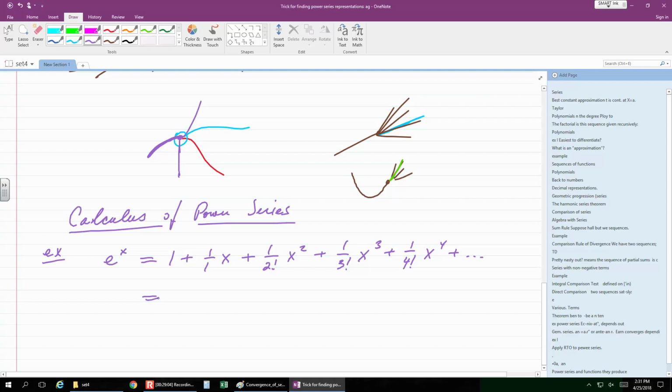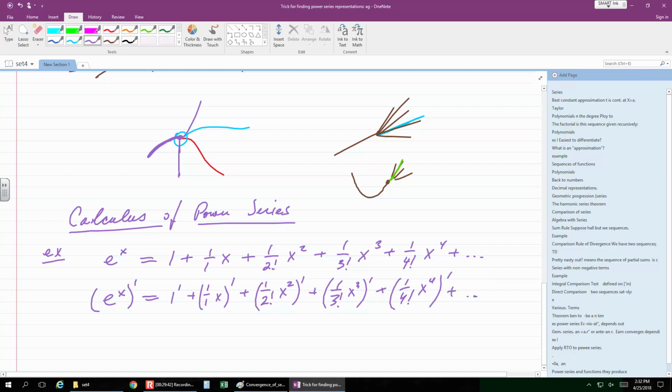Then naturally, without trying to justify this yet, how would you differentiate this thing on the right? You would differentiate it one by one, right? How else would I differentiate? So if I'm thinking about the derivative of the exponential function, I start differentiating these terms term by term. So 1 prime plus 1 over 1 x prime plus 1 over 2 factorial x squared prime plus 1 over 3 factorial x cubed prime, and on and on.